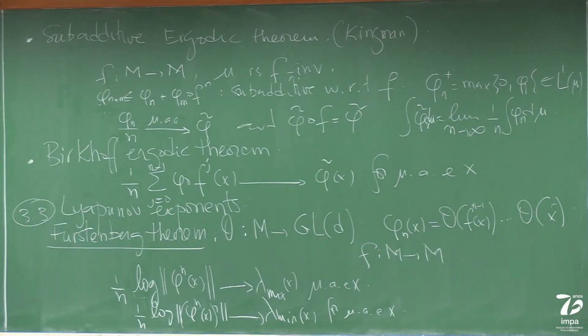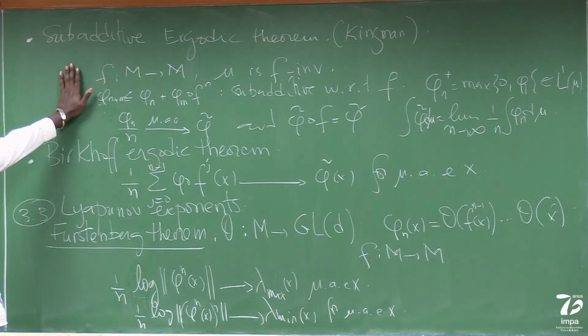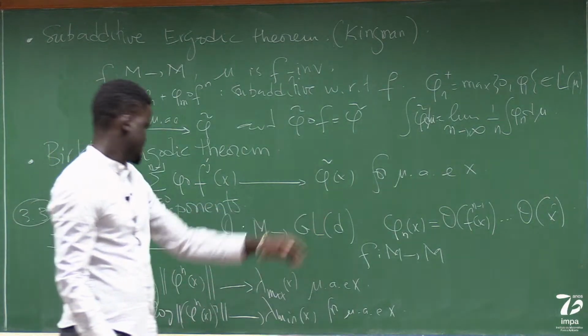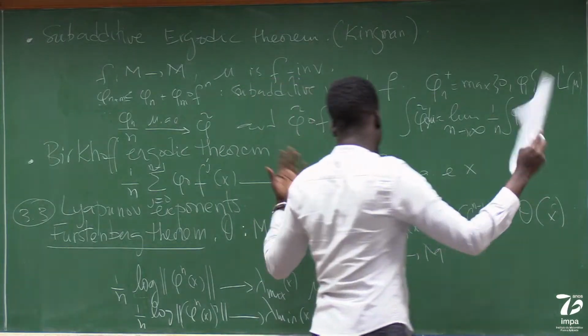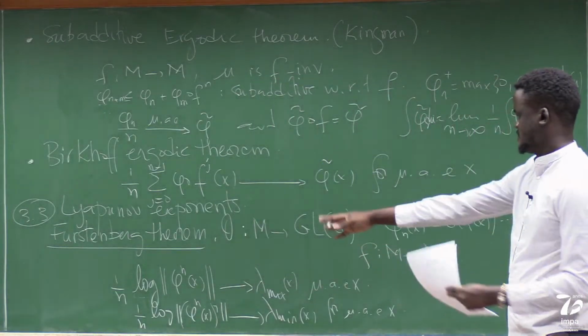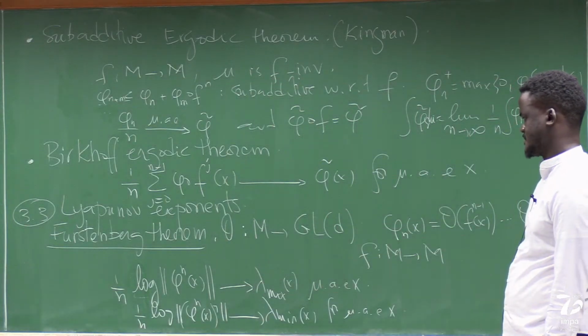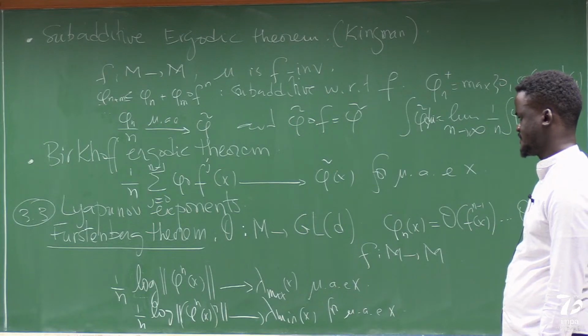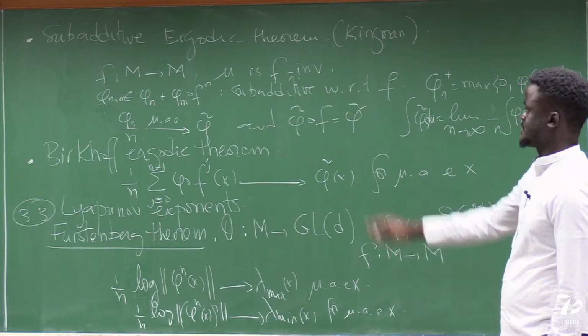Okay, yeah, so this also you just get from an application of this subadditive ergodic theorem, because you can see that the norm of the product of matrices is less than the product of the norms, and then with the log, the log of a product is the sum of the logs, and so you get subadditivity.